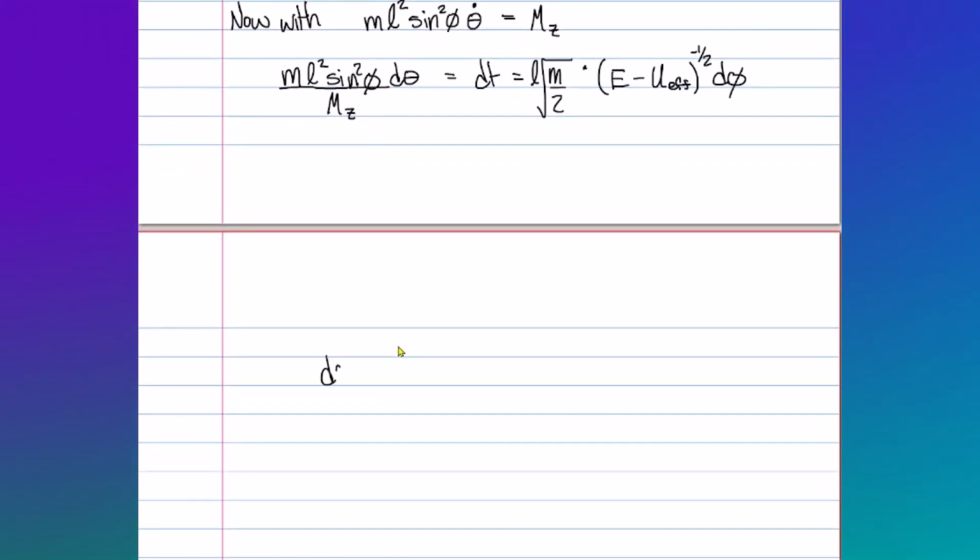Combining this with what we used before, we now have d theta in terms of d phi, which we can go ahead and integrate in order to have an integral for theta in terms of phi.